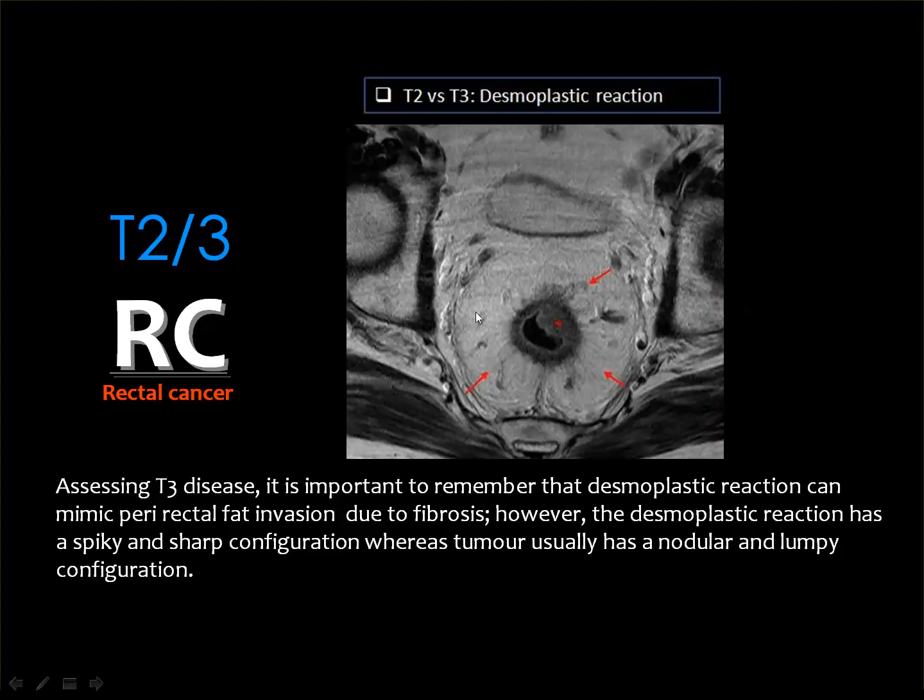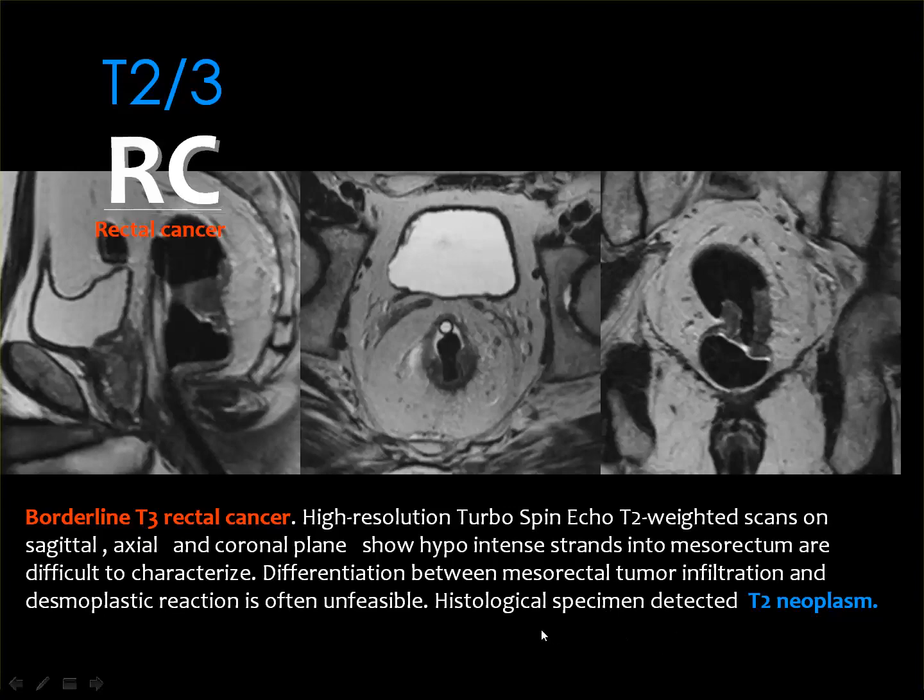Then this is the situation where you cannot discriminate between T2 and the early T3 rectal tumor. According to the literature, if you see a lesion like this and you get a stranding of the fat, and these strands are linear, not nodular, and not associated with lymphadenopathy, then you consider it a desmoplastic reaction and you consider the tumor stage as stage 2.